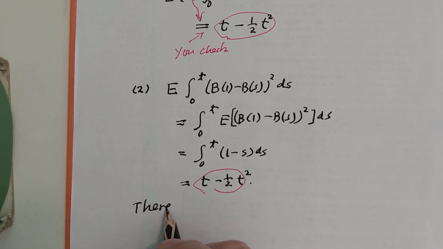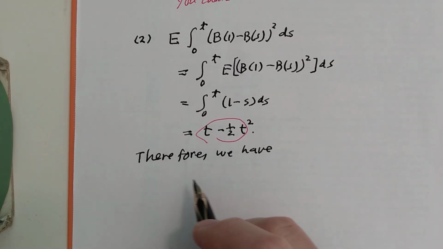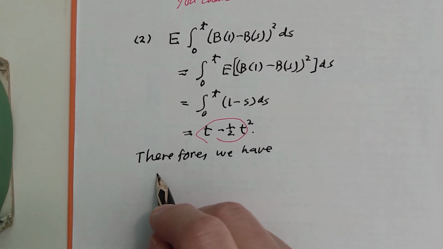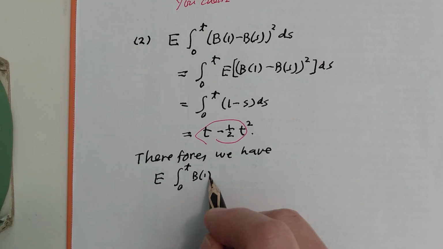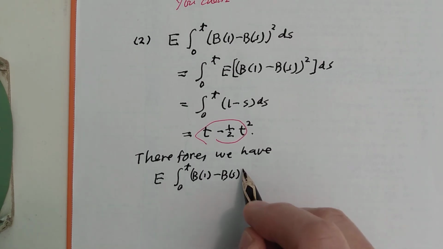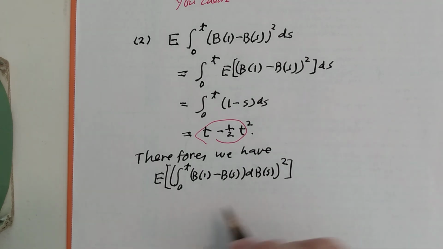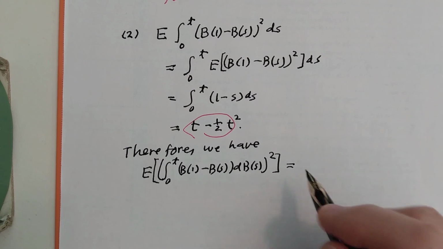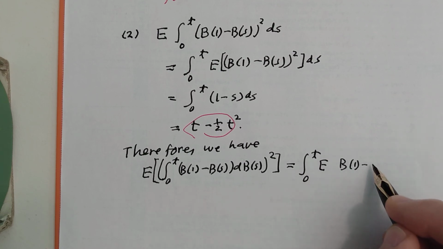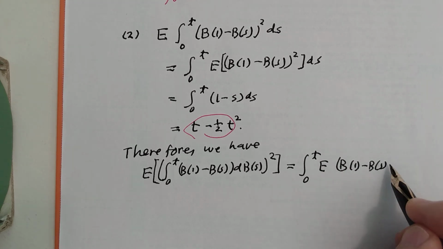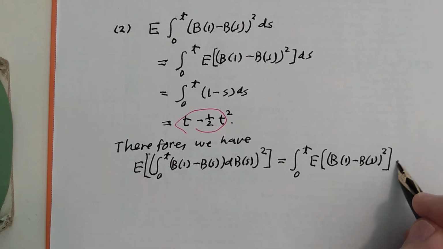Therefore, we have the expectation of the integral from 0 to t of (B_1 minus B_s) dB_s, this new stochastic integral squared, and then take expectation, equals the integral from 0 to t of the expectation of (B_1 minus B_s) squared ds.